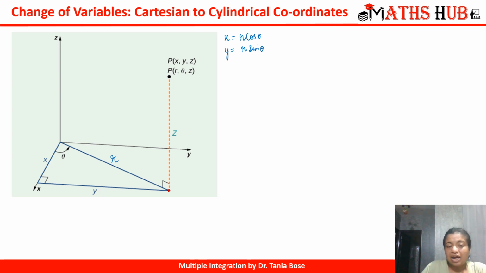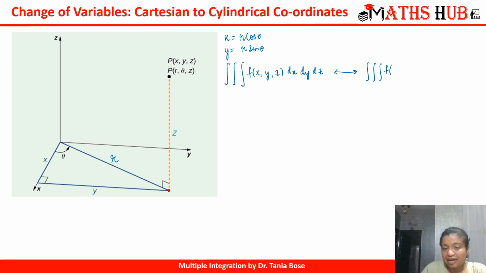Now as I convert Cartesian to cylindrical coordinates, triple integrals will be used. There is a function in x, y and z and the order of integration can be dx, dy, dz. Now when I convert this into cylindrical coordinates, what is the change? We will have the limits accordingly.